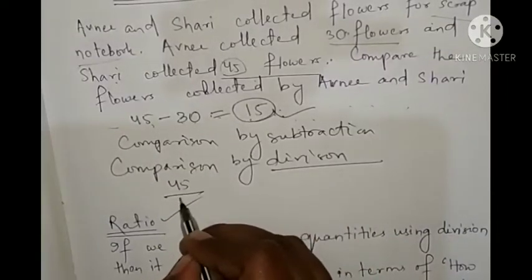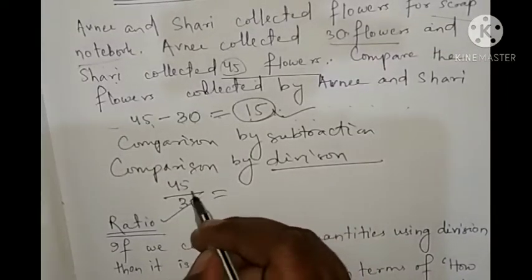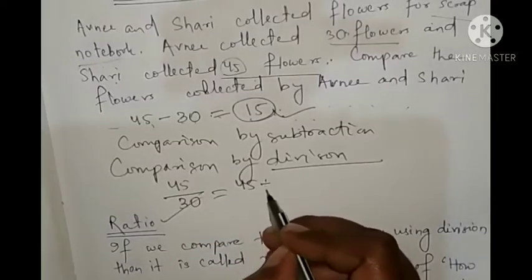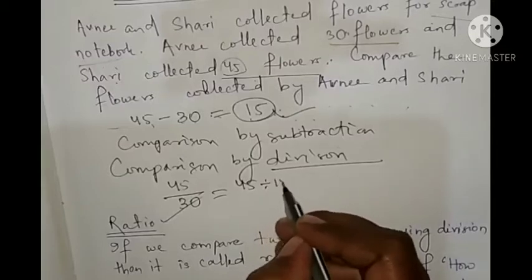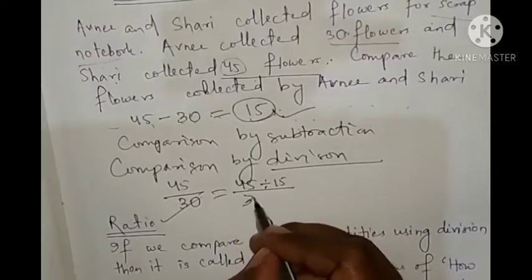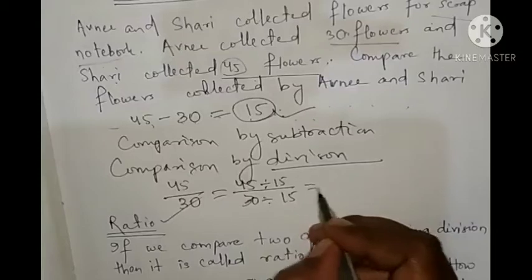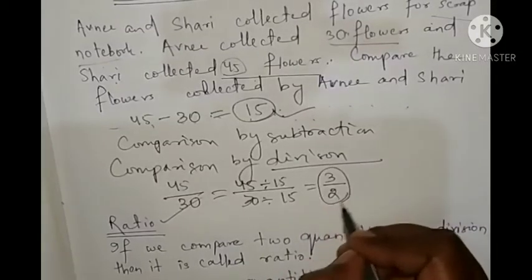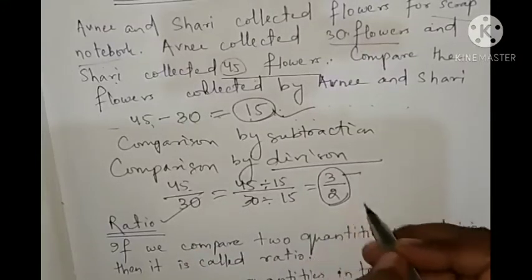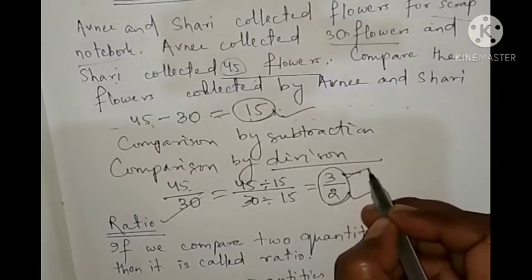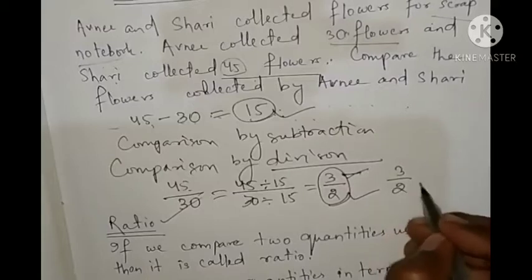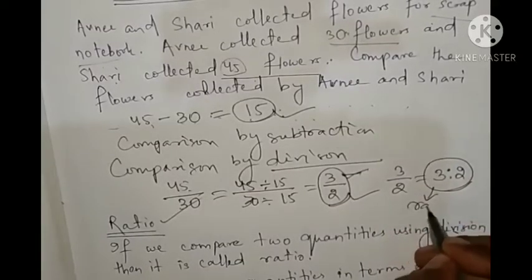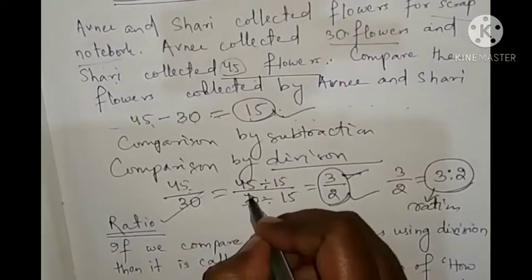If I divide 45 by 30, what am I getting? I will make it into simplest form. 45 divided by 15, 30 divided by 15. So 3, then 2. This 3 by 2 can be written as 3:2, and this is what? Ratio.